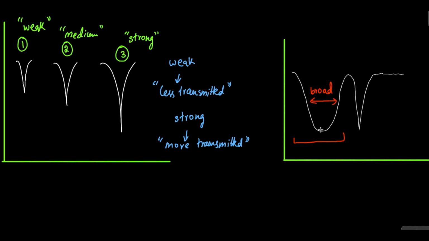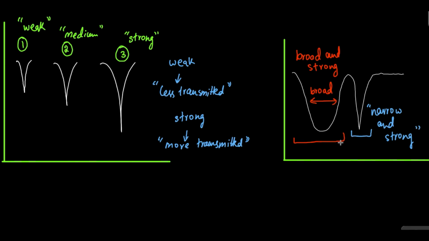Okay, so this is broad and strong, the first part of the graph. Now after that, let's look at the second part of the graph, which is this part. Now this part is going to be called narrow, because it is narrow, and it is also going to be called strong. Why? Because again it seems to be transmitting a lot of energy. So this is called narrow and strong.